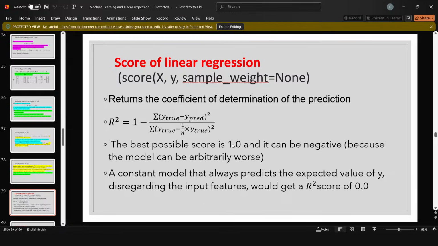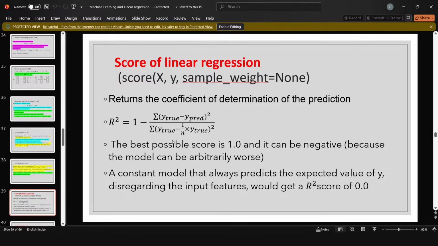The best possible score is 1, and it can be negative because the model can be arbitrarily worse. For example, if this entire term is 0, it is the best possible score because it is 1 minus 0, so R square becomes 1.